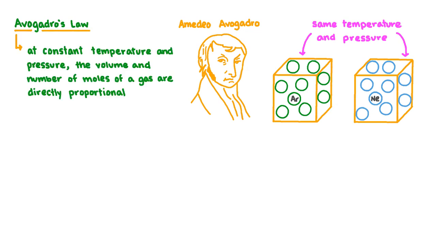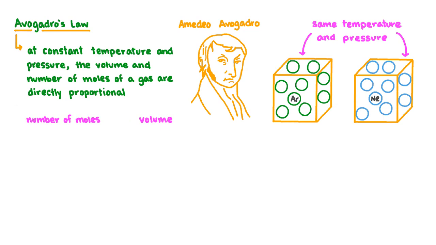This law states that at a constant temperature and pressure, the volume and number of moles of a gas are directly proportional. This means that as the number of moles of a gas is increased, the volume occupied by the gas will also increase at a constant rate.